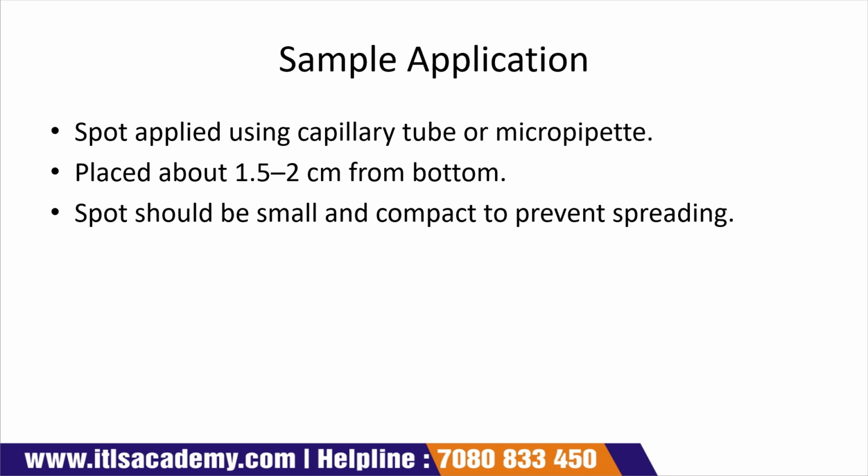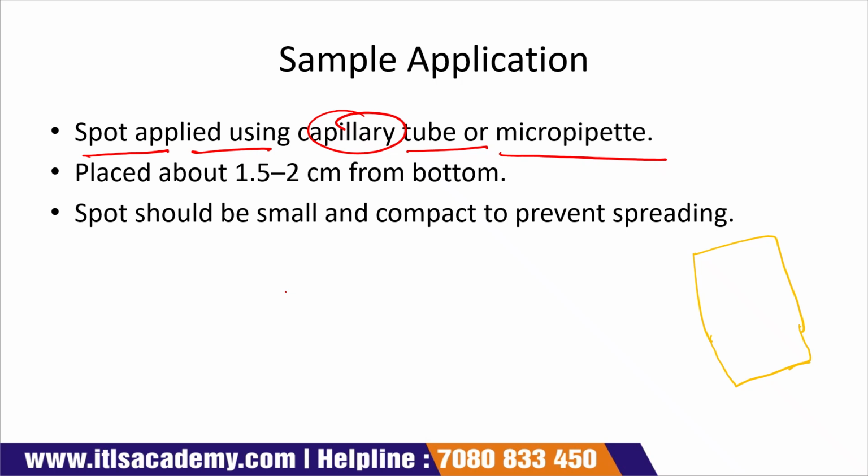Sample application. Spot is applied by using a capillary tube or micropipette. See, this is your plate which is coated with silica gel. We draw a line 1 centimeter at the bottom and 1 centimeter at the top of the plate.